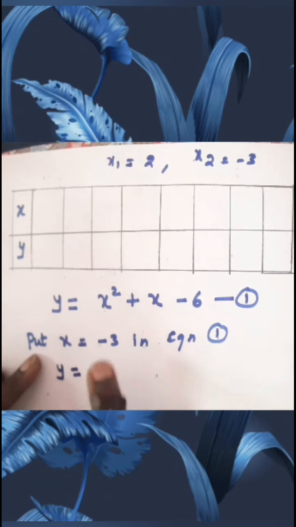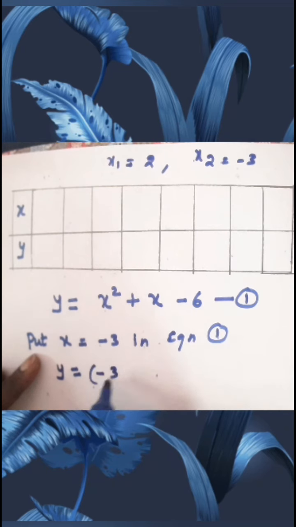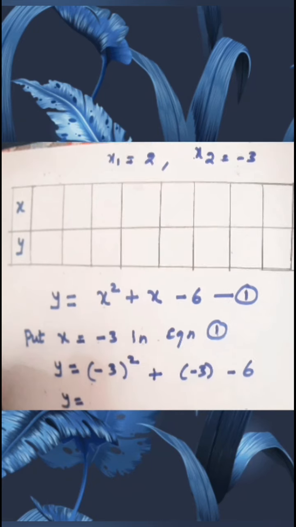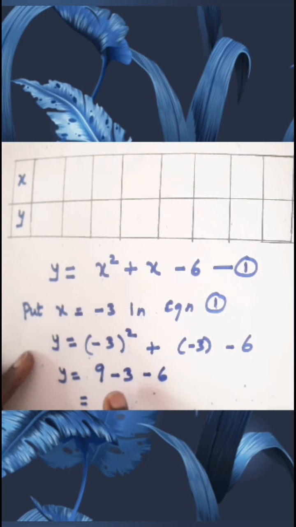So y is equal to, if I put negative 3 in place of x, minus 3 the whole square plus minus 3 minus 6. Y is equal to minus 3 the whole square will give you positive 9. Then minus 3 minus 6. 9 minus 3, so here you can use your calculator.